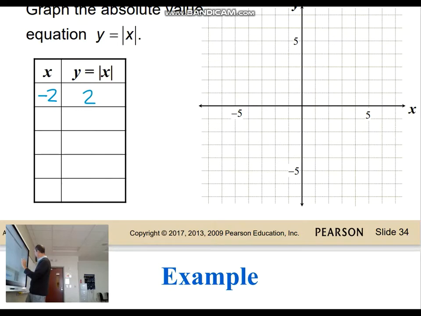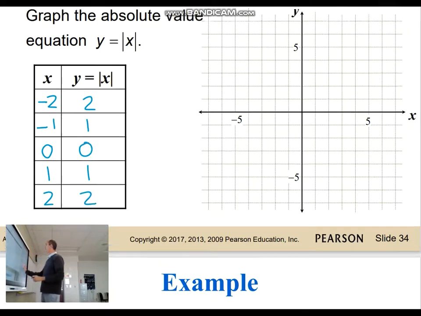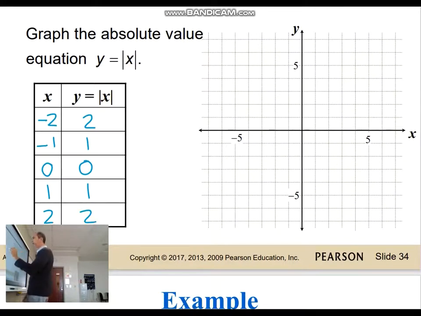If x equals -1, y equals 1. x equals 0, y equals 0, x equals 1, y equals 1, x equals 2, y equals 2. The absolute value function is an interesting one. Let's find the points here: -2 and 2, -1 and 1, 0 and 0, 1 and 1, 2 and 2.